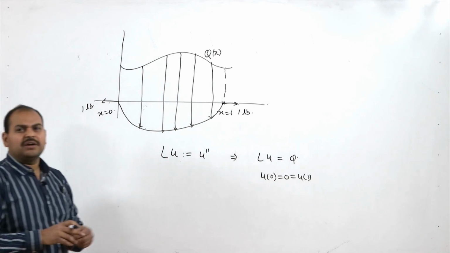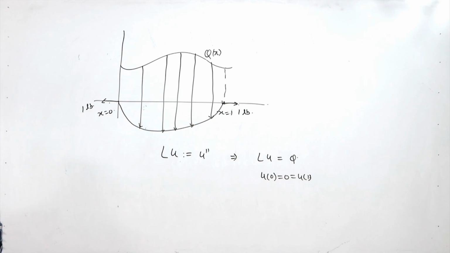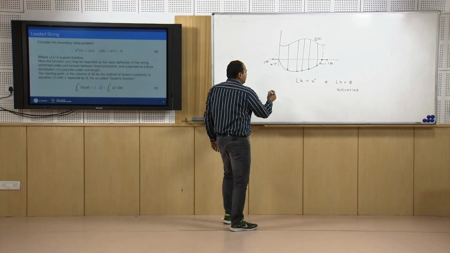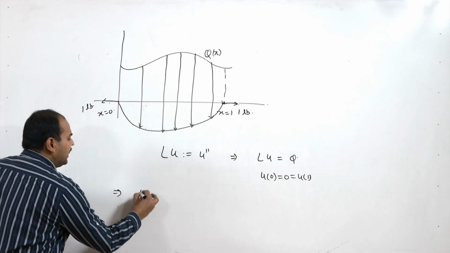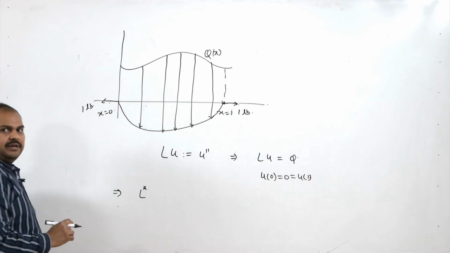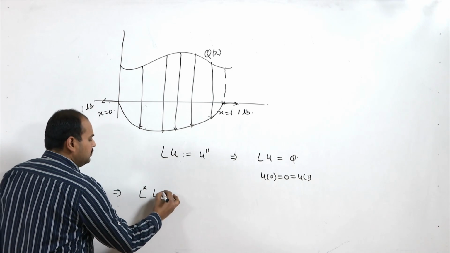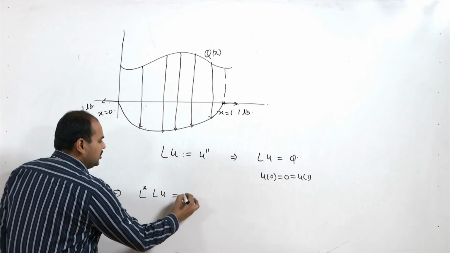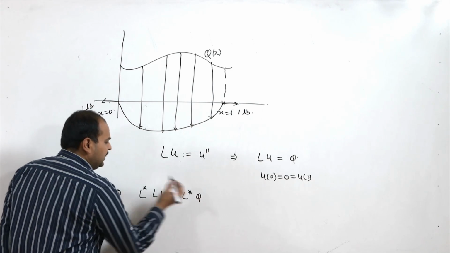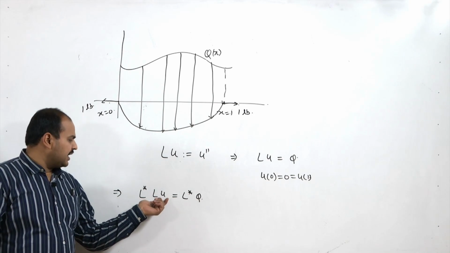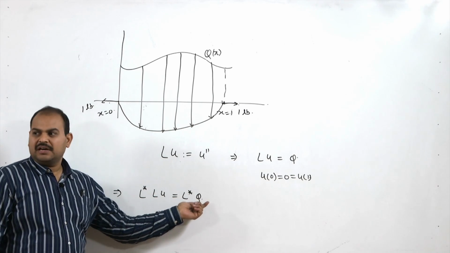And we try to find the solution of this non-homogeneous linear ordinary differential equation. So what we try to do is operate with another operator, say L star, which we operate on this. So L star operating on Lu is the same as L star phi.